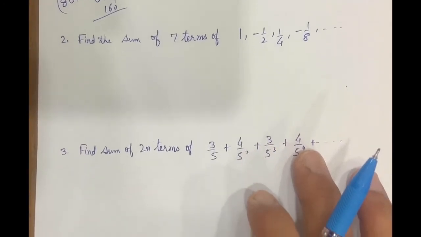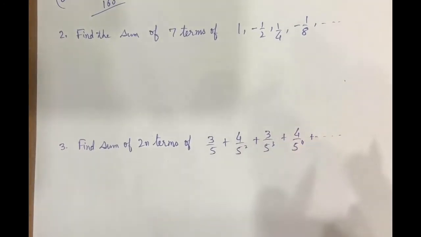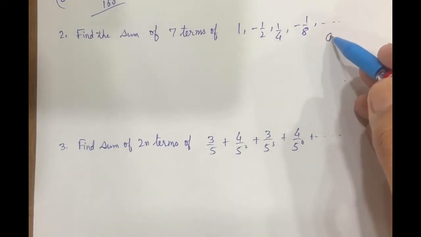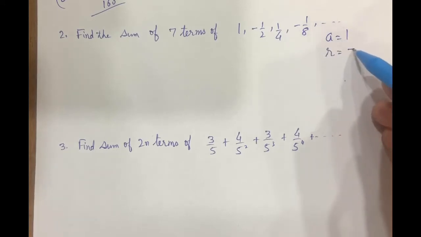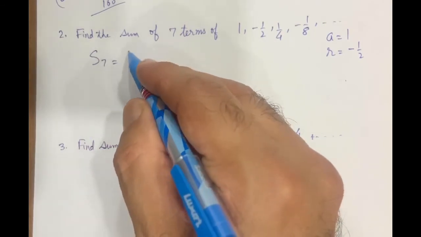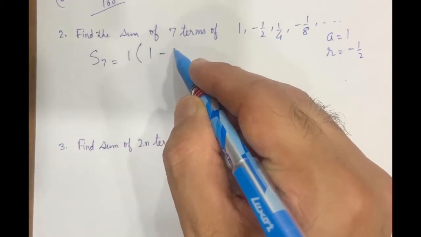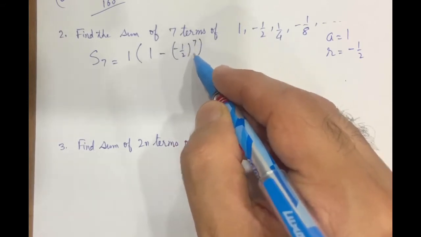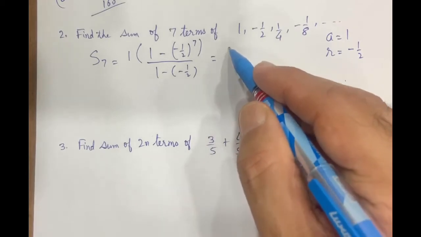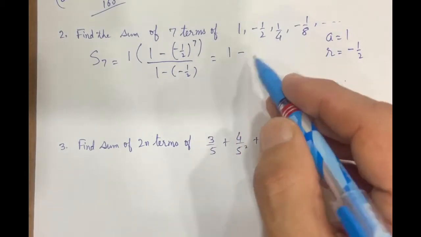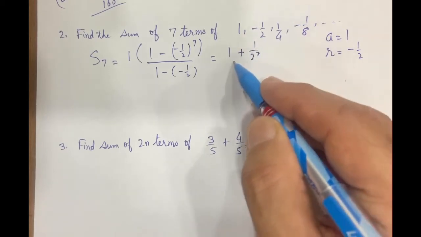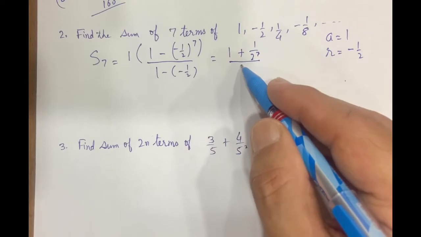The next one, we have another GP, but this time with mod of common ratio less than 1. First term is 1, common ratio is minus 1 by 2. We have to find the sum of 7 terms. It's a, 1 minus r raised to 7, upon 1 minus r. This is 1 minus, so this will be plus, 1 by 2 raised to 7, upon 1 plus 1 by 2, which is 3 by 2.